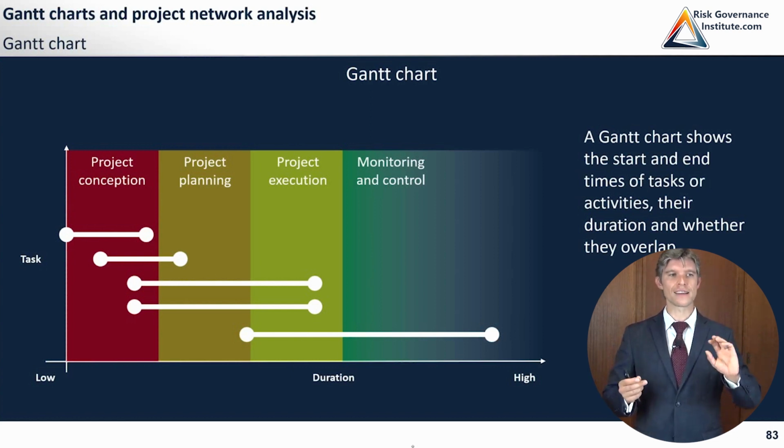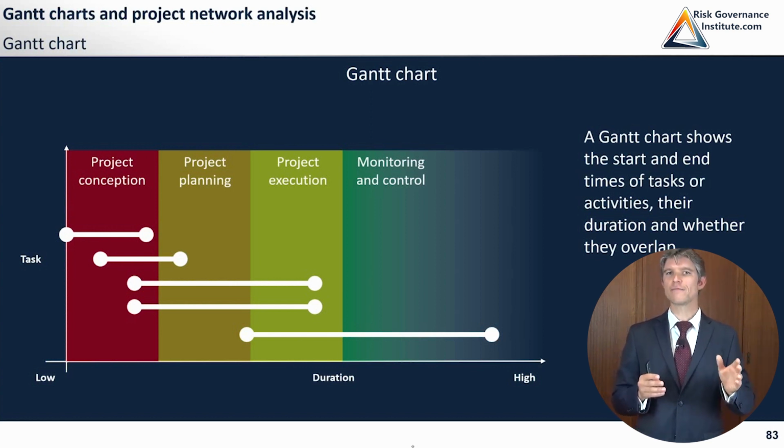You'd have one halfway through project conception all the way to project planning, and of course others. In other words, it's a visual representation of different activities and their duration, and it gives additional information about whether they overlap. And indeed, if you are managing a project, this is important. This basically gives you your schedule.